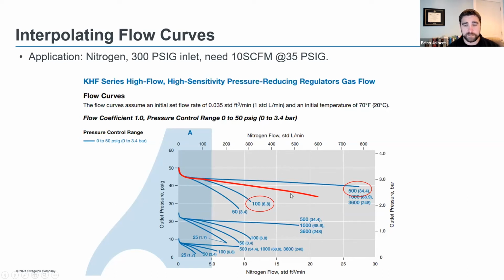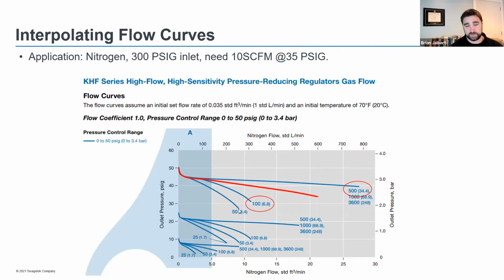Now, I only like to interpolate curves when we're running at critical flow, which is when the inlet pressure is at least double the set pressure. If I was interpolating a curve between the 150 and we're setting this to 50, obviously we're less than double, so I would interpolate this curve very close to the 50 PSI generated curve.